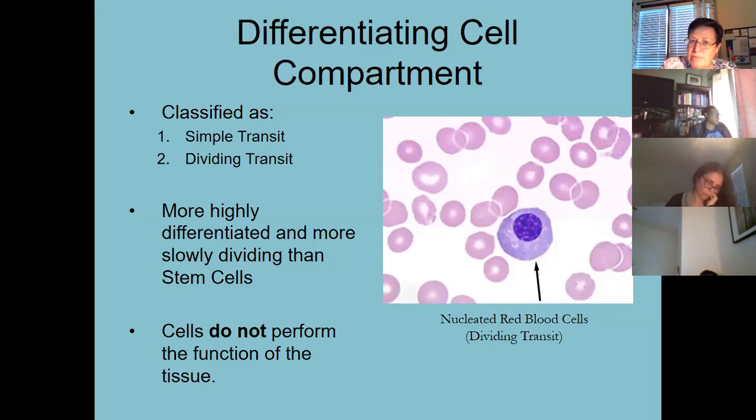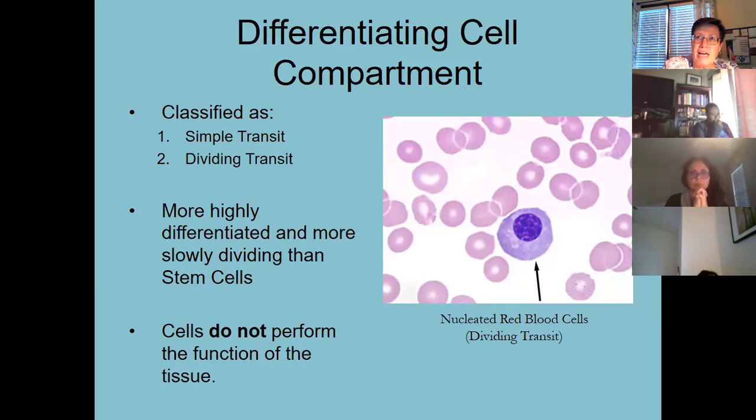Other cells in the differentiating compartment are what we would call the dividing transit populations. These are cells that are changing, they are differentiating, but at the same time, they are still undergoing cell division, but not as rapidly as the stem cells.